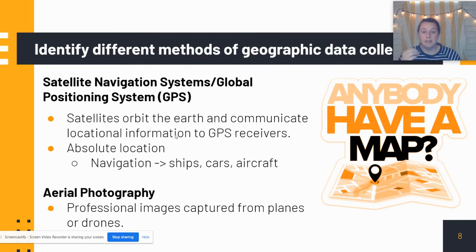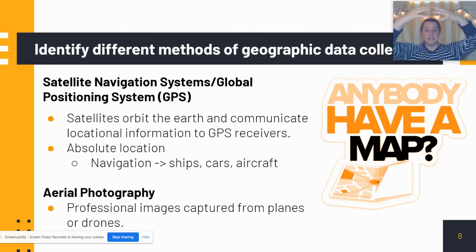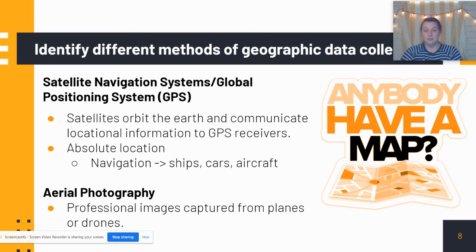So, another method of geographic data collection that is a geospatial technology is GPS. You guys are probably really familiar with GPS. I really don't go anywhere without using it, I feel like. And what GPS actually is, it's not just on my iPhone, right? GPS is hundreds of satellites that are orbiting the Earth, above, kind of in the atmosphere.